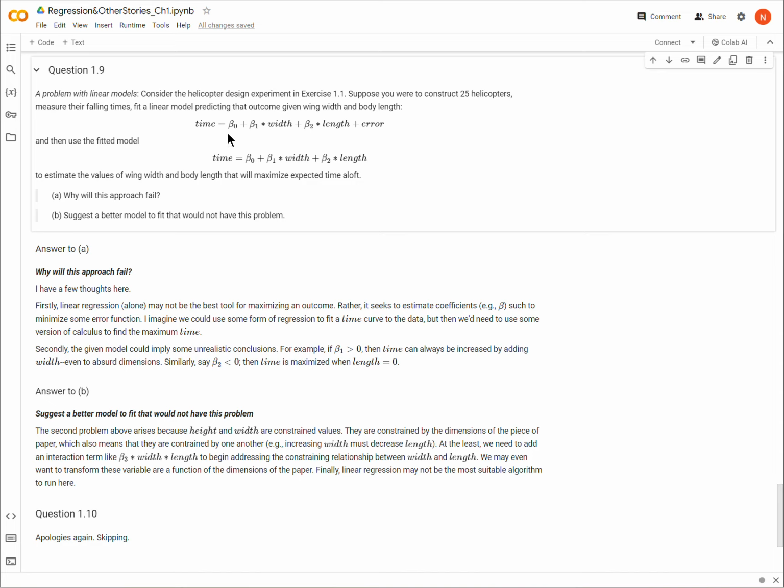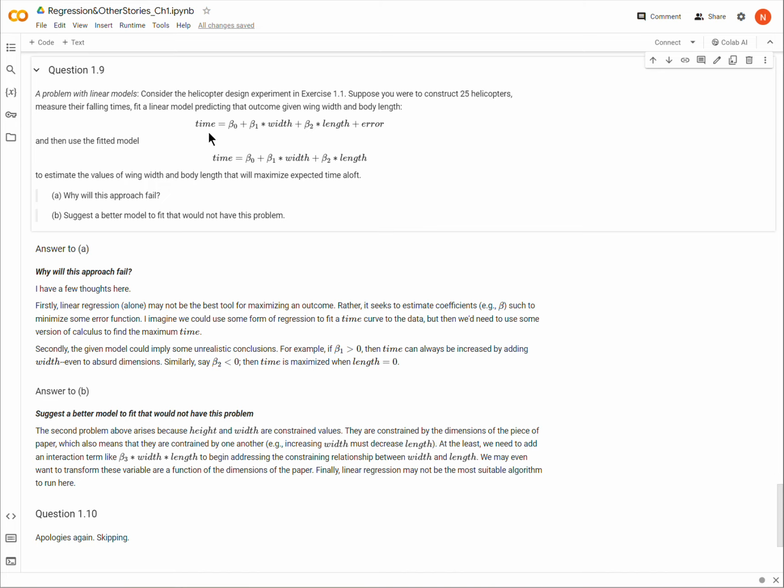But really we might use something like linear regression to fit a model, but then we're not using linear regression to maximize time. We would build a curve maybe with linear regression, and then use something like calculus, maybe taking the first derivative of the equation that we got here, and then finding where it zeroes out to find the maximum, and so on and so forth, to maximize time.